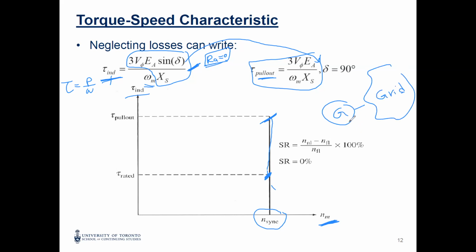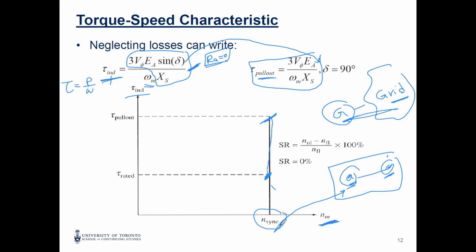We will discuss in the next module what if we have two generators connected to each other, not one generator to a big grid, but generator to generator. With that, you will find that the speed is not always the synchronous speed. I don't want to confuse you, but this is just for the next module. Here we have this case, generator connected to a grid.